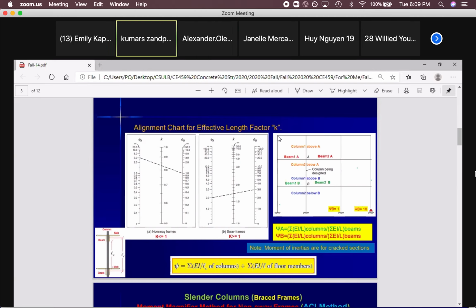How many beams at A? One. Perfect. How many columns at B? Two. One on top, one at bottom. Yeah. Two columns. How many columns at B for this column?